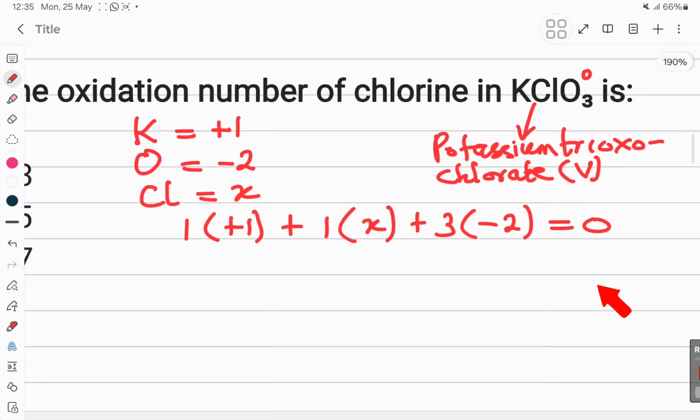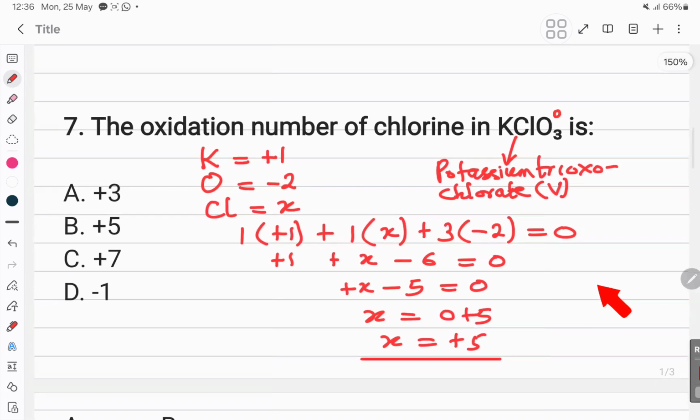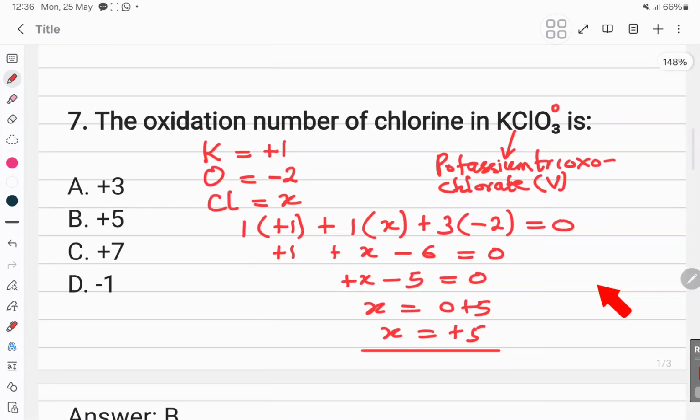Then we can now solve it to get the value of X. This is going to be +1 plus X minus 6 equals 0. So plus X minus 5 equals 0. X equals 0 plus 5. X equals +5. So the oxidation number of chlorine in that compound is +5.